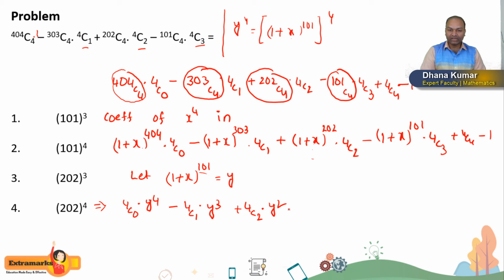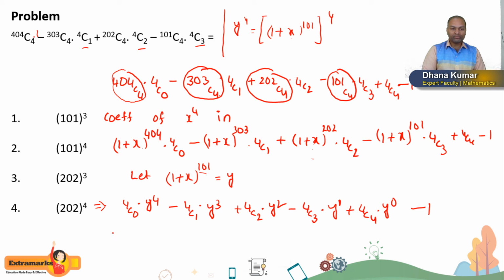Fine. Minus this one, 4C3 into y. Okay. Y or y power 1. 1 into 101, value 101 only. Plus 4C4 into y power 0. Okay. Y power 0 is 1. At the last this minus 1 as it is.